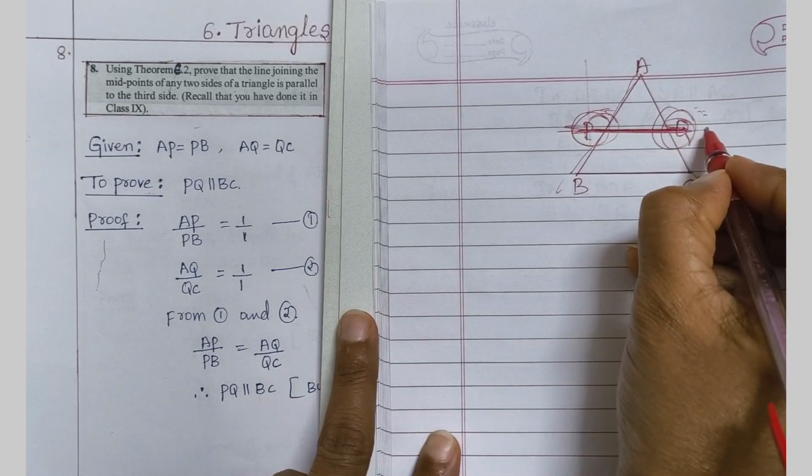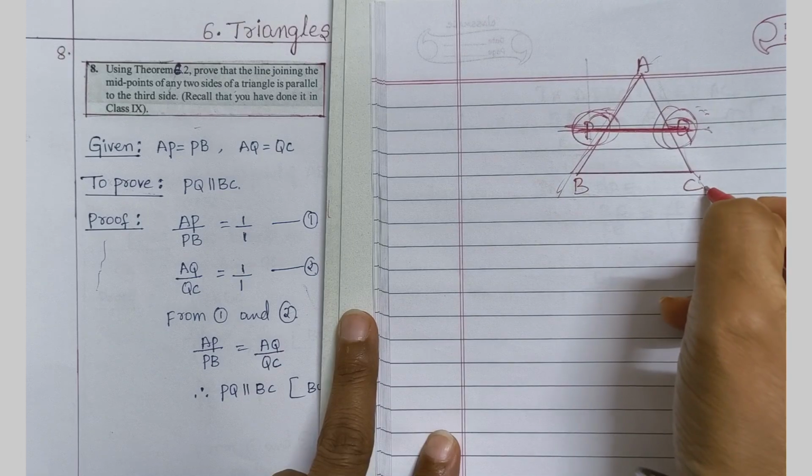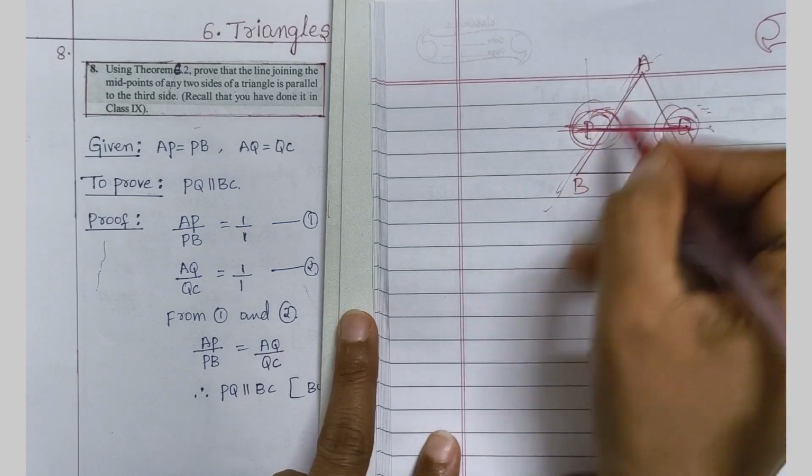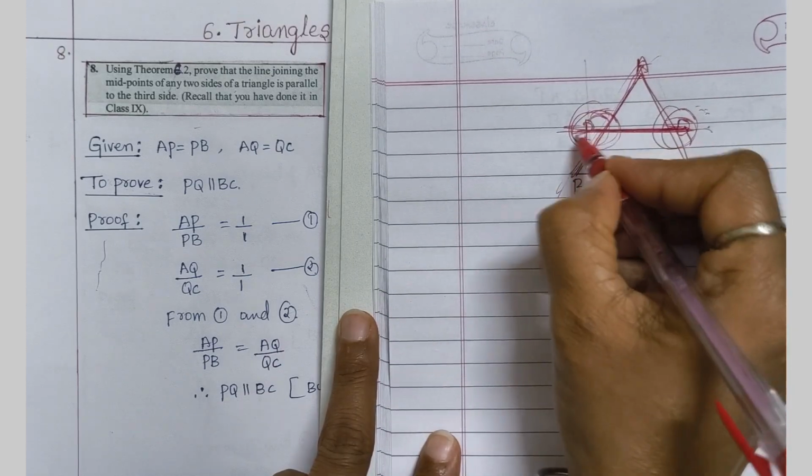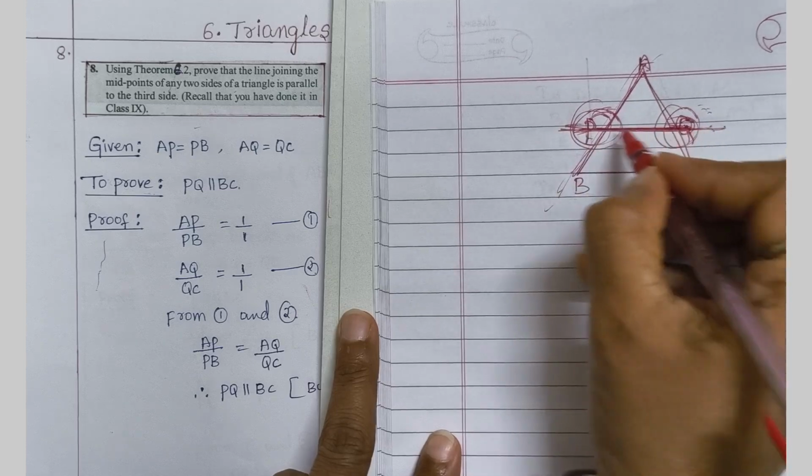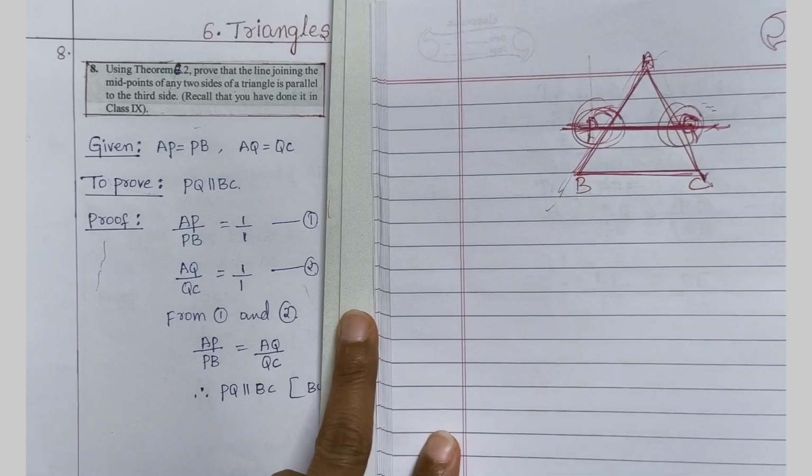You are drawing one line joining the midpoints of these two sides. This line is parallel to the third side. We have to prove this. This is the question.